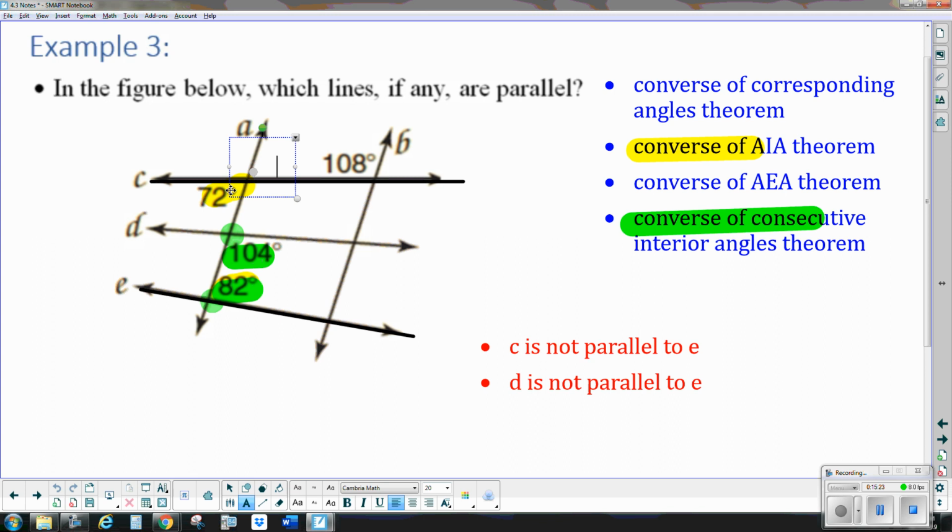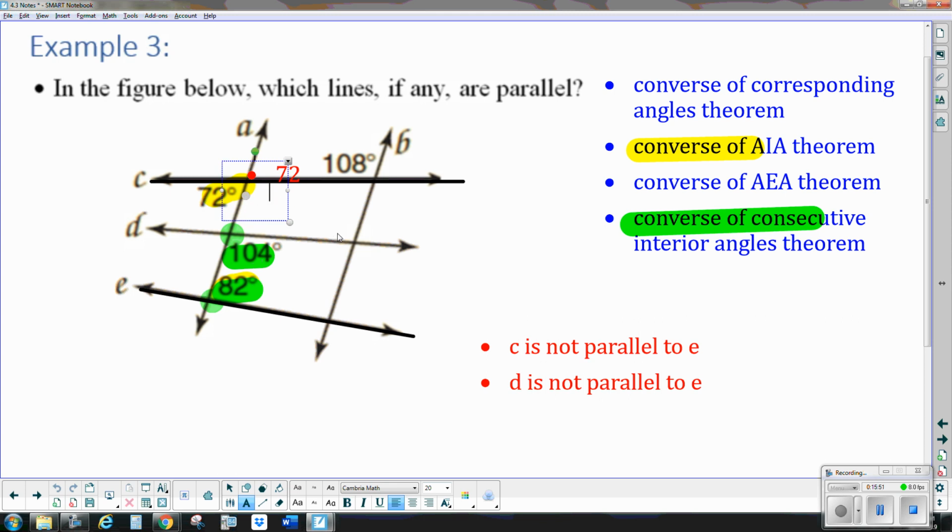Since I know this is 72, I know that this angle is also 72 because they're vertical angles right here. And then let's find this angle right next to 72.